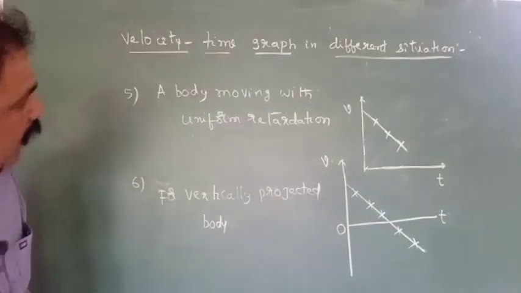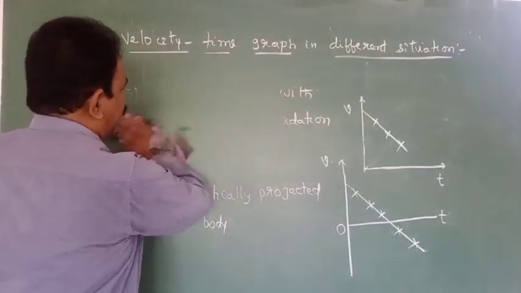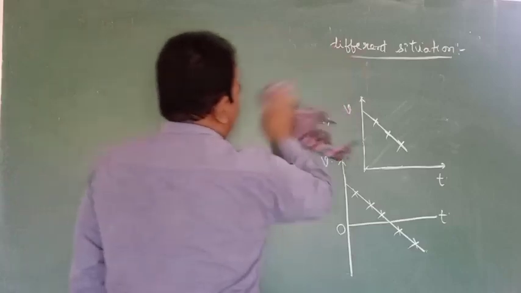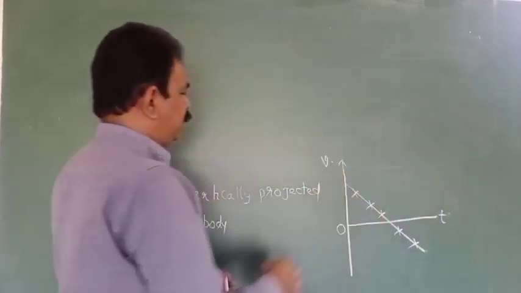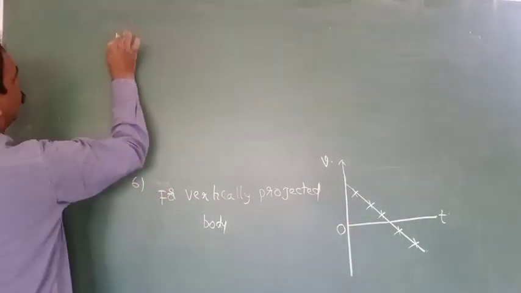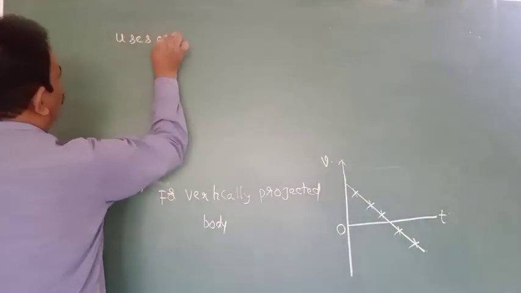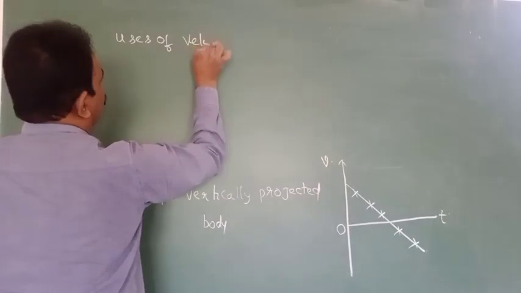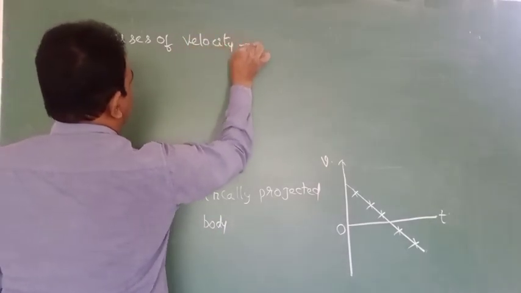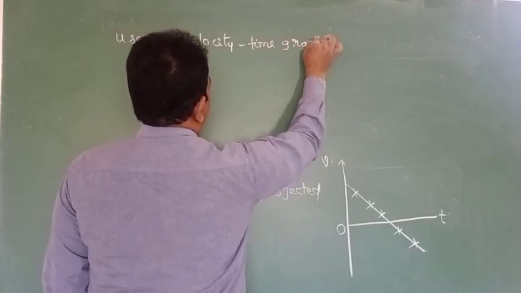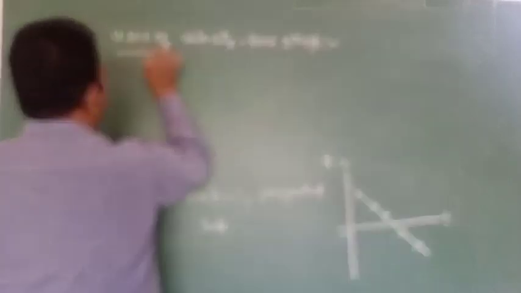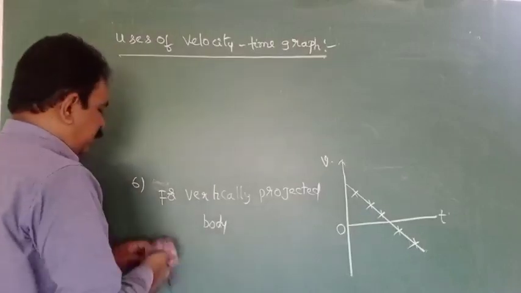Okay. What are the uses of the velocity time graph? Clear? Okay.